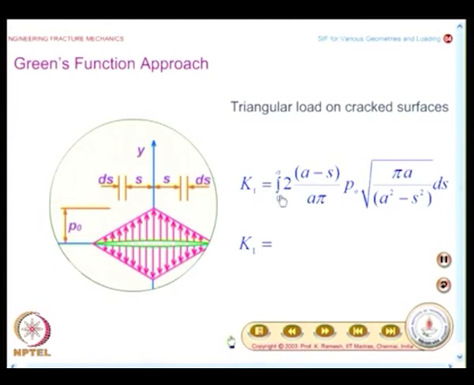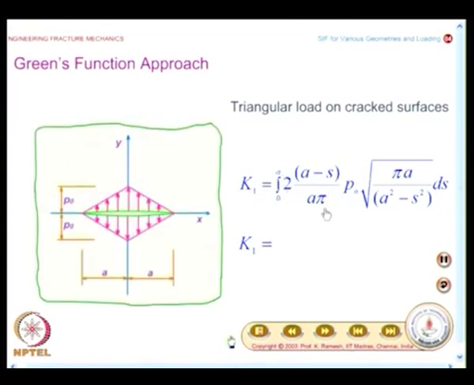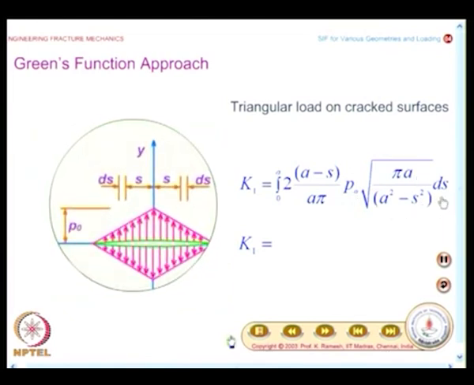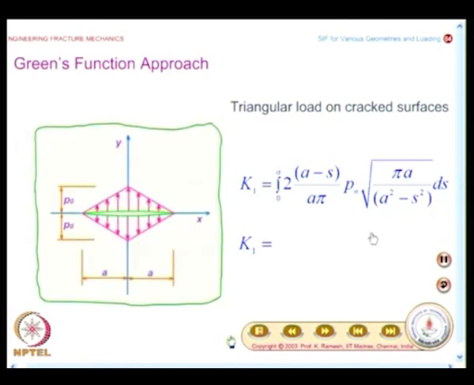I have to do it from 0 to a, 2 into (a minus s) divided by a times p naught root of pi a divided by a squared minus s squared into ds. Can you just make an attempt to simplify, at least get what is the integral that we will have to evaluate? You may not possibly remember the expressions from the table of integrals, that I would help you.